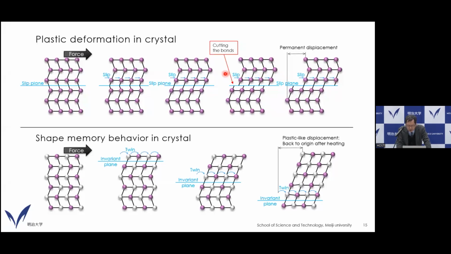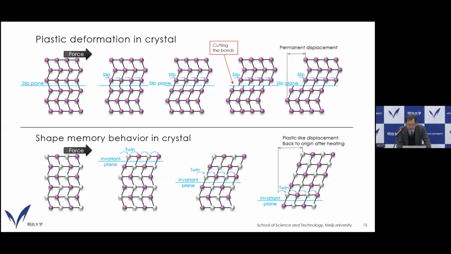This movement is called slip, and the plane of the slip is called the slip plane. When more force is applied, more slip occurs. The result of this slip creates a permanent displacement, like this.